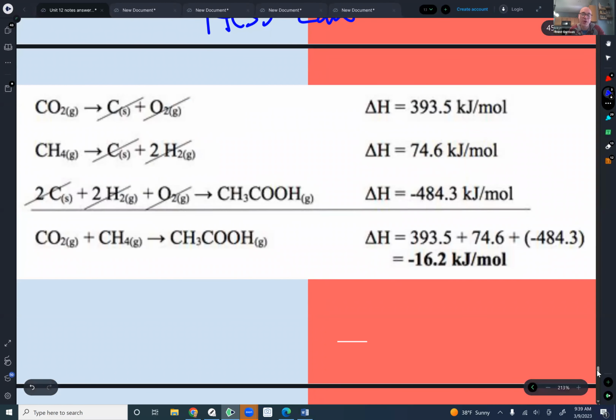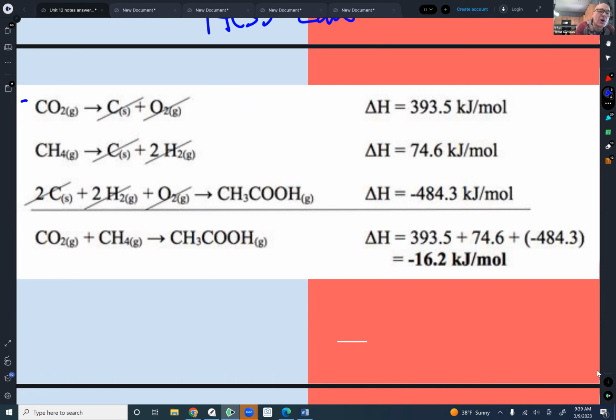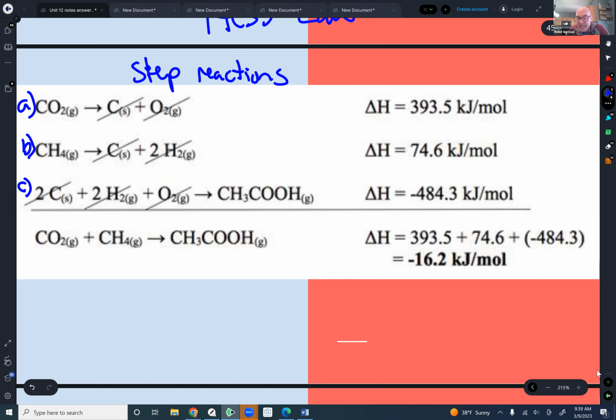And you're looking at this saying, oh my gosh, it's so confusing. Here's what I need you to understand. These are called step reactions. These step reactions combine to make the total reaction.